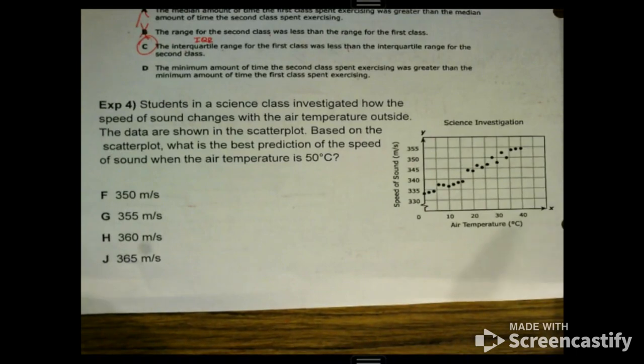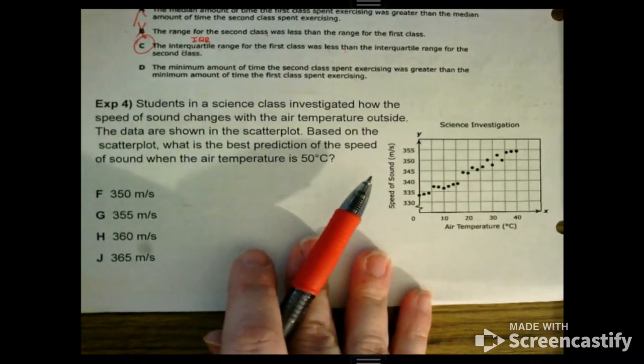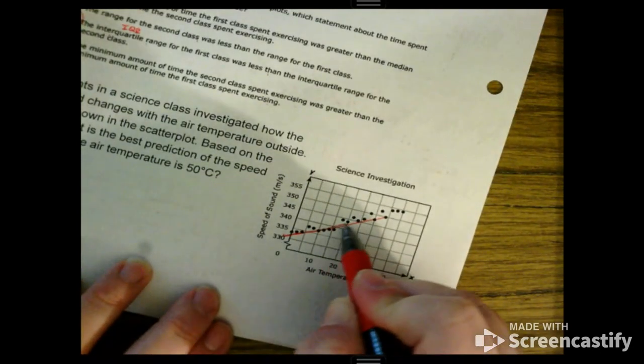All right. What does this look like? I need to draw. That looks like a chart, or linear. That's what we did yesterday. So this is kind of what you had on your test, all right? If I draw a trend line through this, I cannot ever draw a straight line.